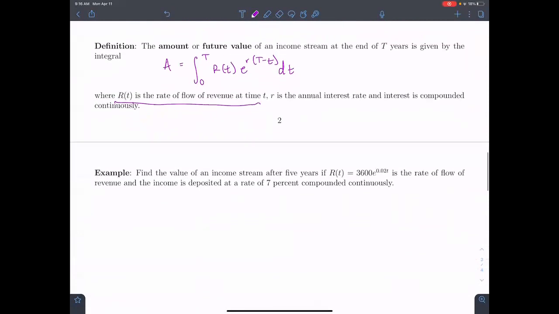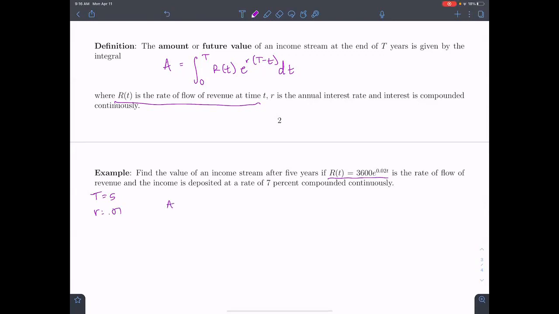Okay, so let's use that formula and just plug and chug here. Find the value of an income stream after 5 years. So T is 5, R(t) is given there, and R is 0.07.